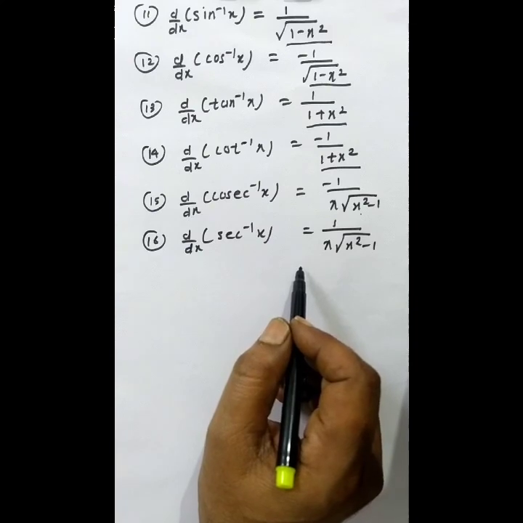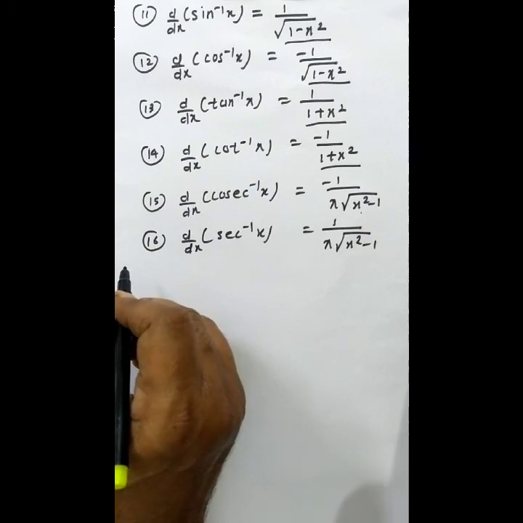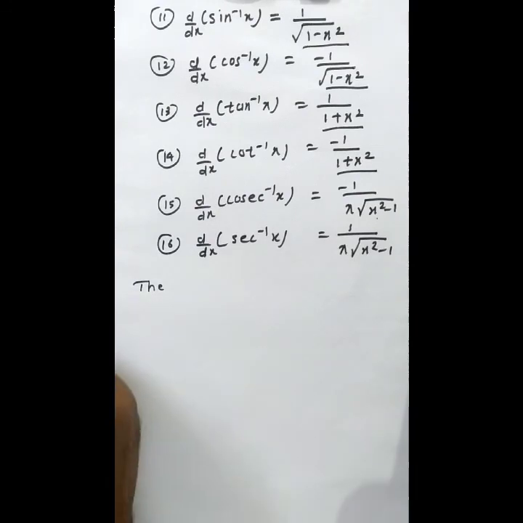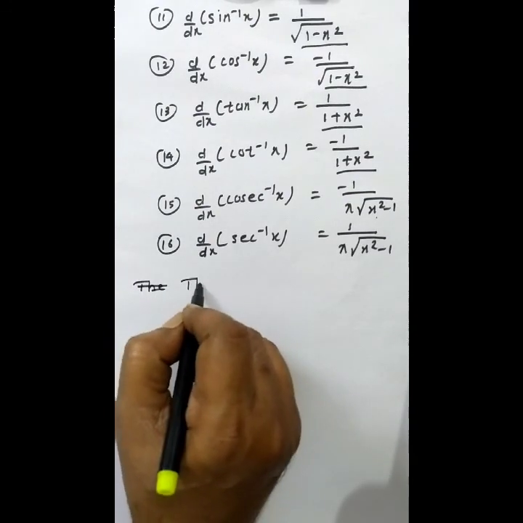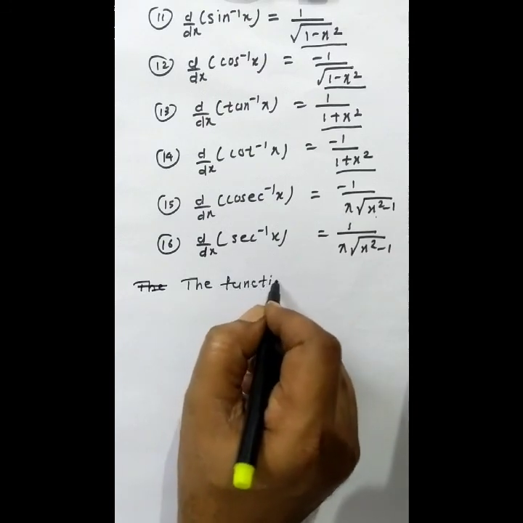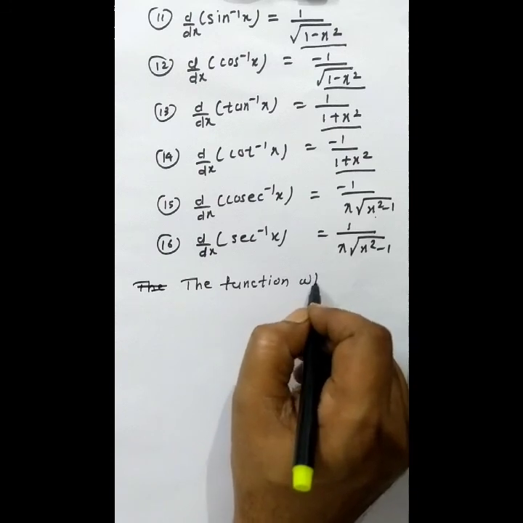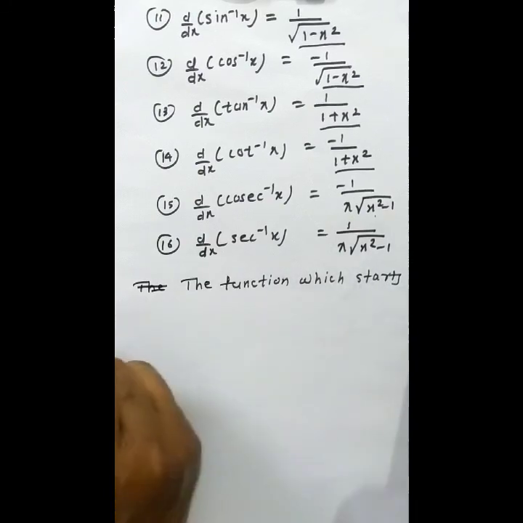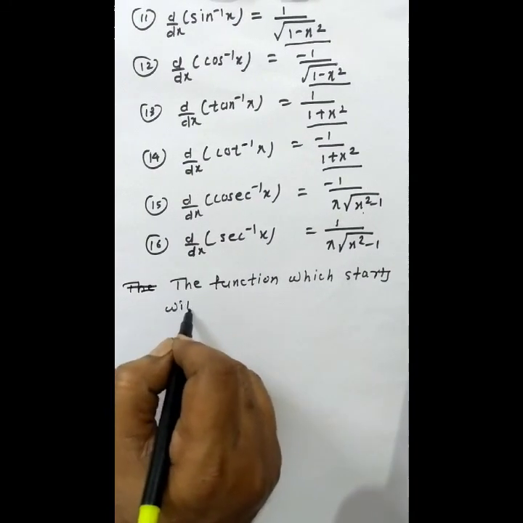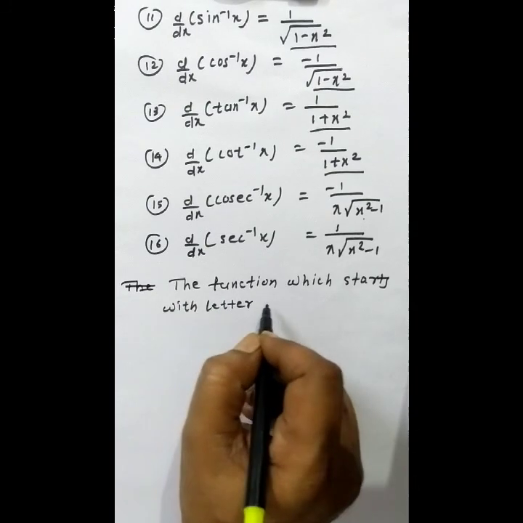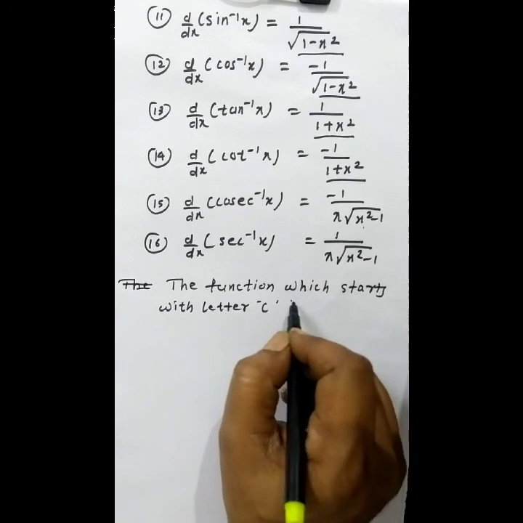So right from the beginning, if you go through trigonometric and inverse trigonometric functions, you can just keep this in mind: whether it is trigonometric or inverse trigonometric, the function which starts with letter C, its derivative is negative.